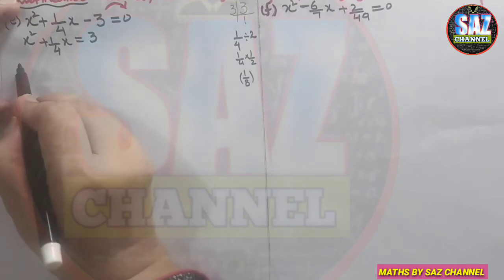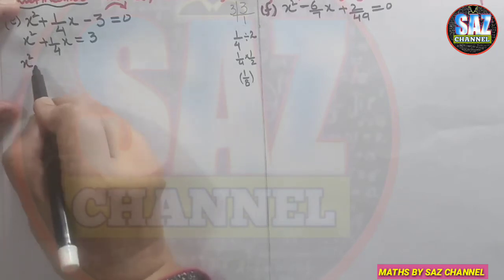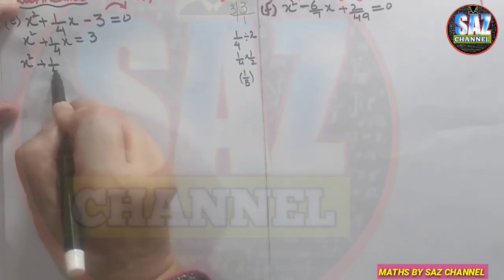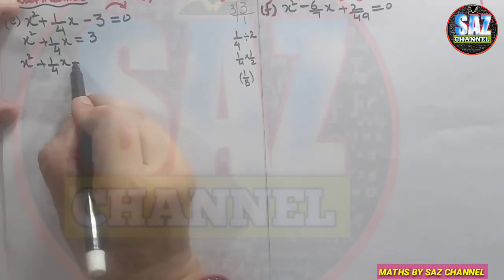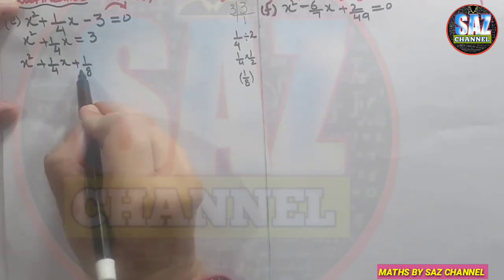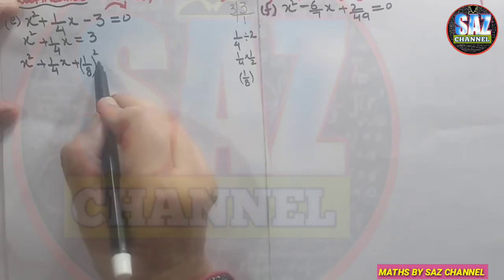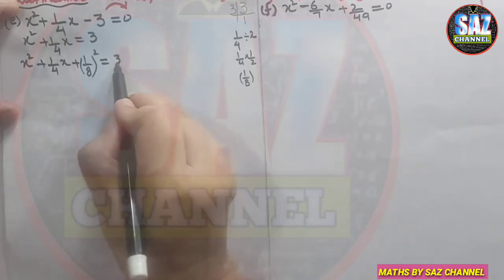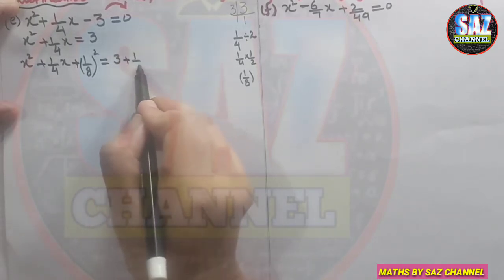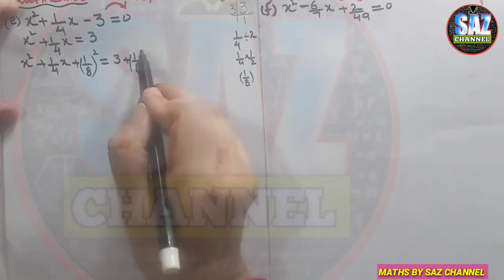So the next step of the question will be x square plus 1 by 4x plus (1 over 8) whole square equals to 3 plus (1 over 8) whole square.